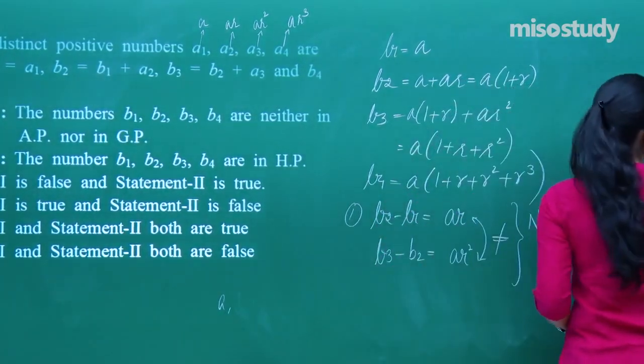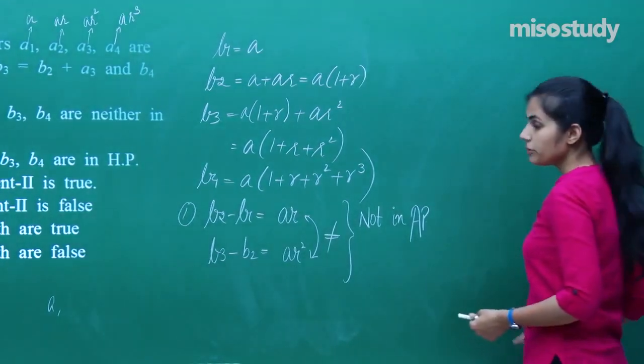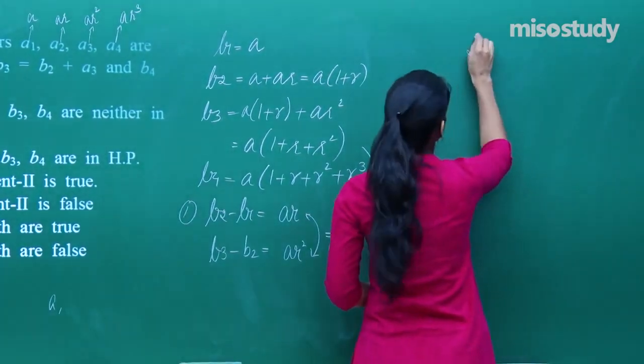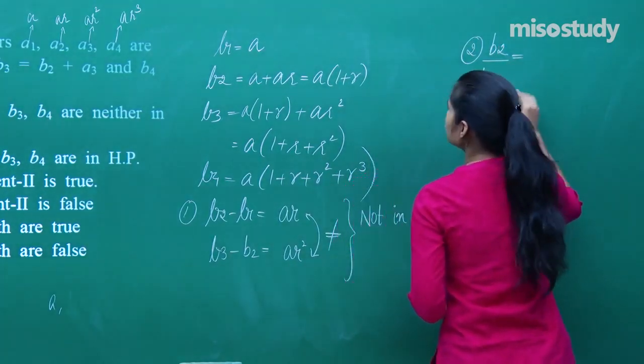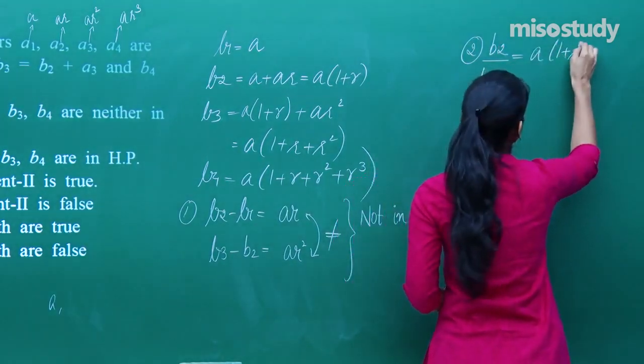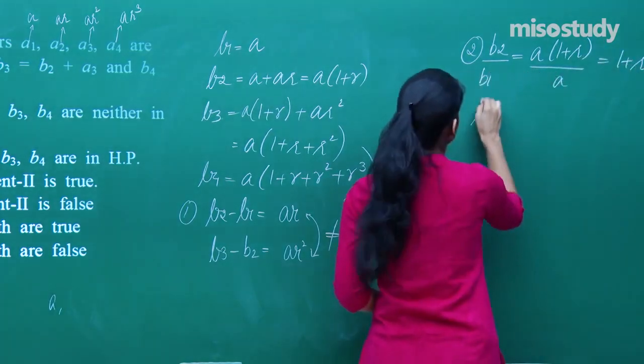But are they not in GP also? Let's check whether they are in GP or not. If I talk about B2 by B1, B2 is a(1 plus r), B1 is a, so you are just left with 1 plus r.